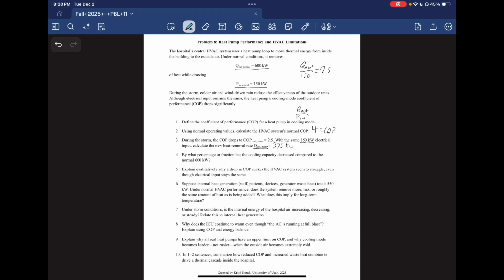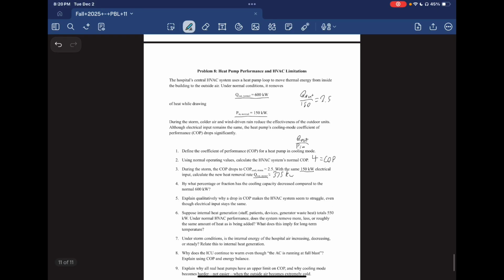By what percentage or fraction has the cooling capacity decreased? Well, to do this, we do the difference between them and then divide by the initial value. So you would essentially do Q1 minus Q2 over Q1, which is 600 minus the new one, 375, over 600.